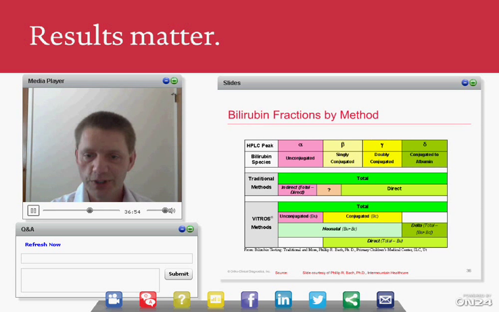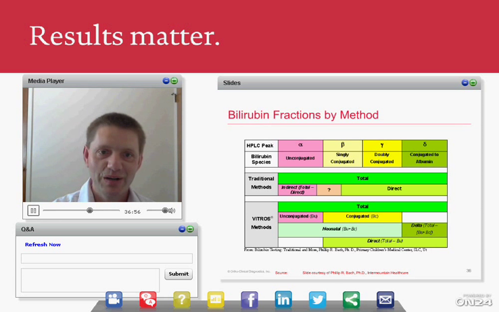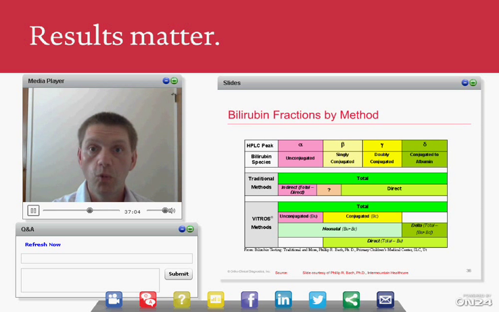So this is a relatively complicated slide. I'm going to take a moment to go through it. If you think about it from the perspective of what's actually present in a sample, there are a couple of different species that can be present in, let's say, an adult sample. You can have unconjugated bilirubin. You can have conjugated bilirubin. The conjugated bilirubin can either be singly conjugated or doubly conjugated.